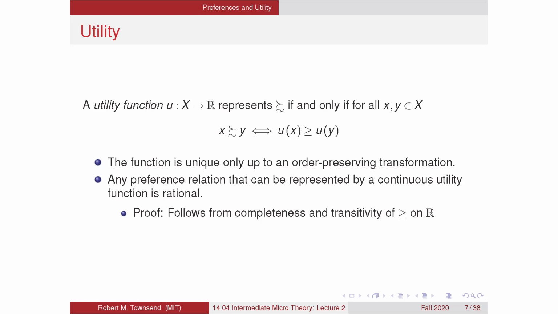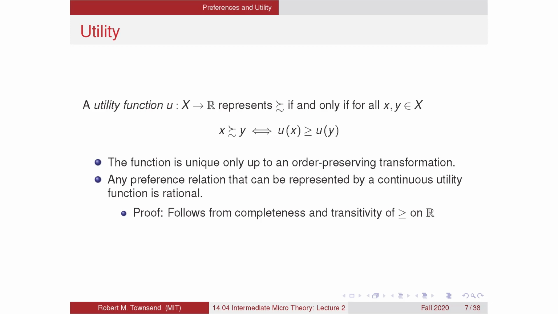A couple of things came up here. It was ordinal and not cardinal, and we talked about that. But we will and did need cardinal representations when we got to uncertainty and dynamic decision problems. Second thing is this was a chat on Piazza, which is this slide goes from having a continuous utility. Any preference that can be represented by a continuous utility function is rational in the sense of the definition of the previous slide.